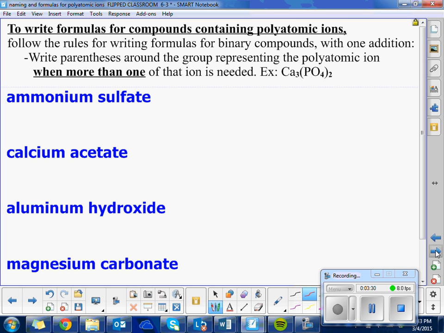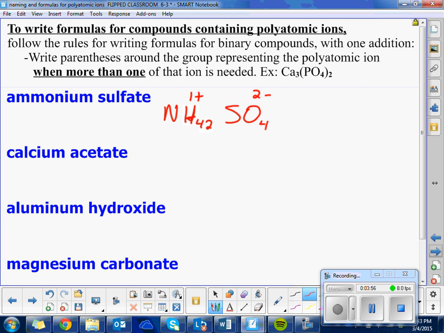So the first one we have is ammonium sulfate. Ammonium, if you remember, is NH4, and it's a 1+. Sulfate is an SO4, and it is a 2-. So now what I need to do is crisscross. If I just take this 2 and put it down there, it looks like I have 42 hydrogens.